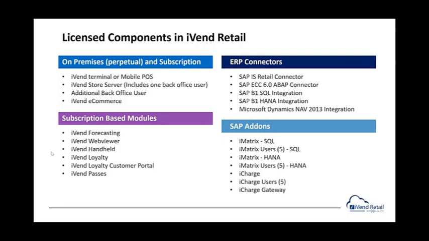So these are pure subscription-based modules. And then we have SAP Business One add-ons, Item Matrix and iCharge predominantly, which are only available on-premise and a perpetual licensing model.